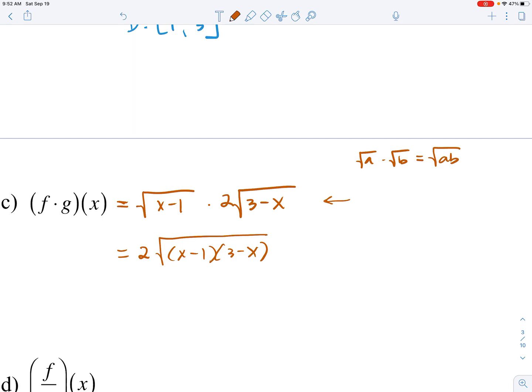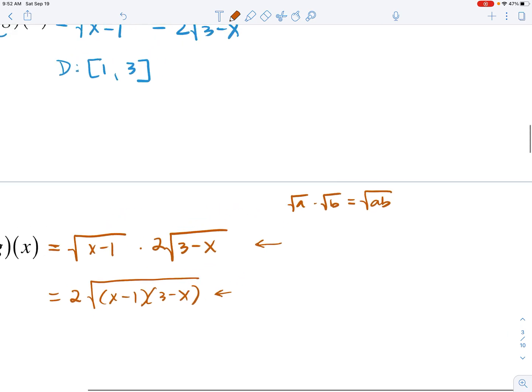But you can also determine the domain here just by looking at this second line, when we did multiply to simplify the expression that represents f times g.